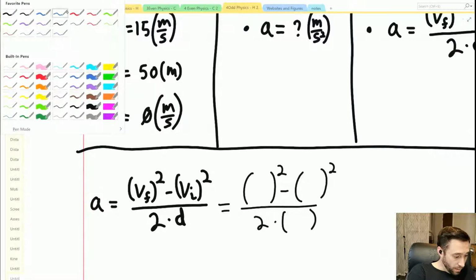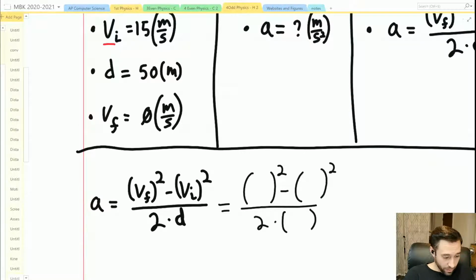And then the values that I get, so initial velocity right here, so I get 15. Displacement is right here, that's 50. And then my final velocity is 0.